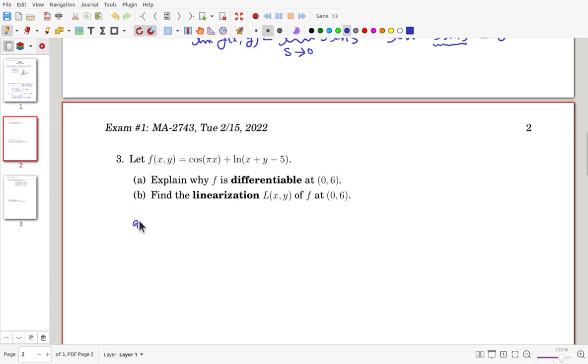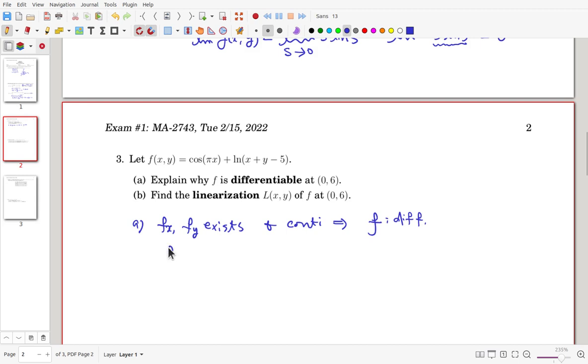So for part A, we have to show that the partial derivatives f sub x, f sub y exist and they are continuous. Then by a theorem, the function itself is differentiable, right?